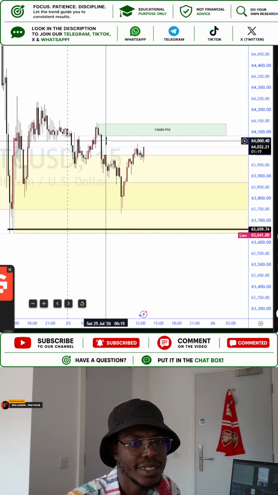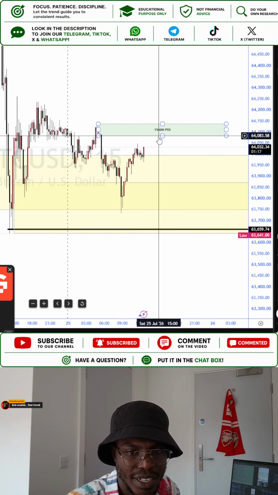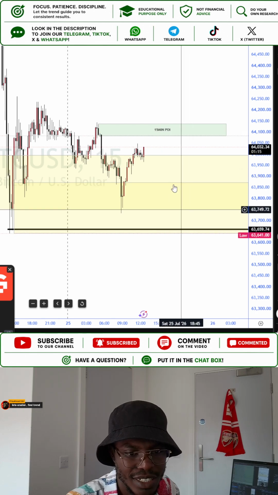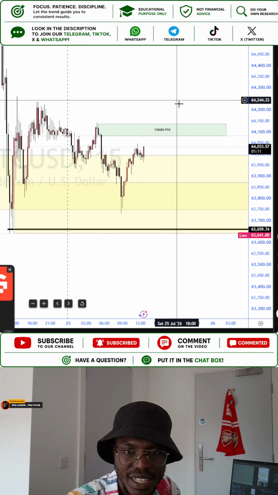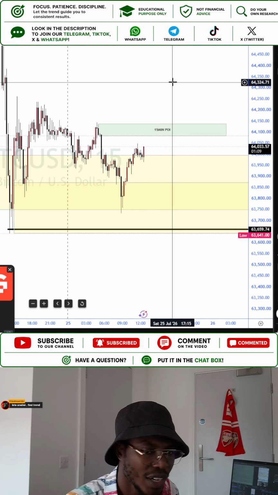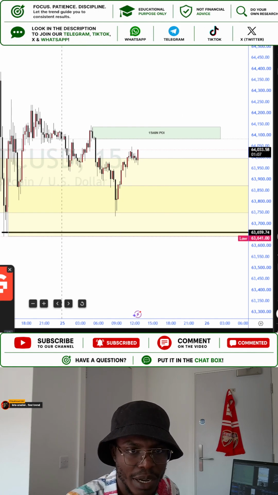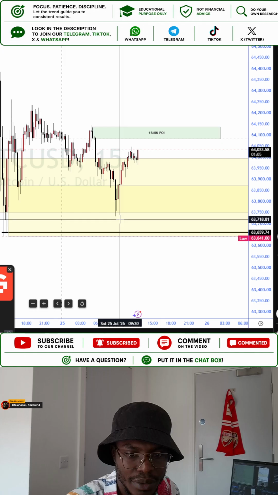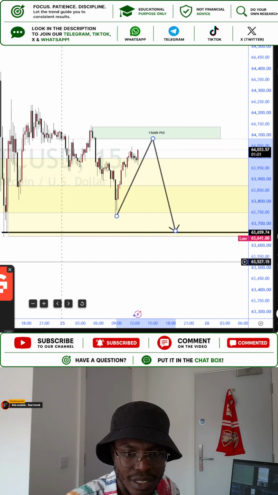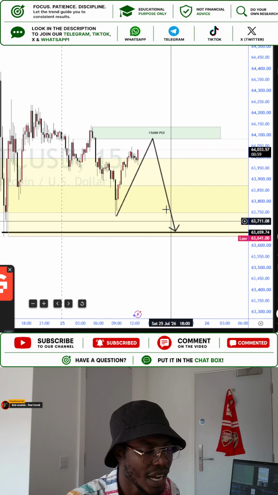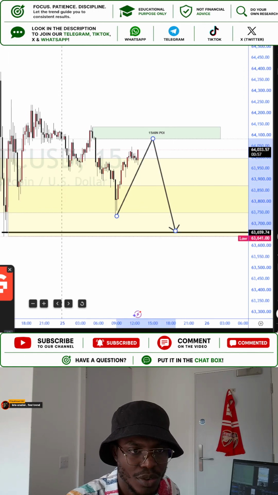And then I'll wait. Whatever happened here will tell me whether to trade this thing down, or if this thing breaks here, then I'll wait for a retest. So those are my two. So the first one is this. I'll trade it.